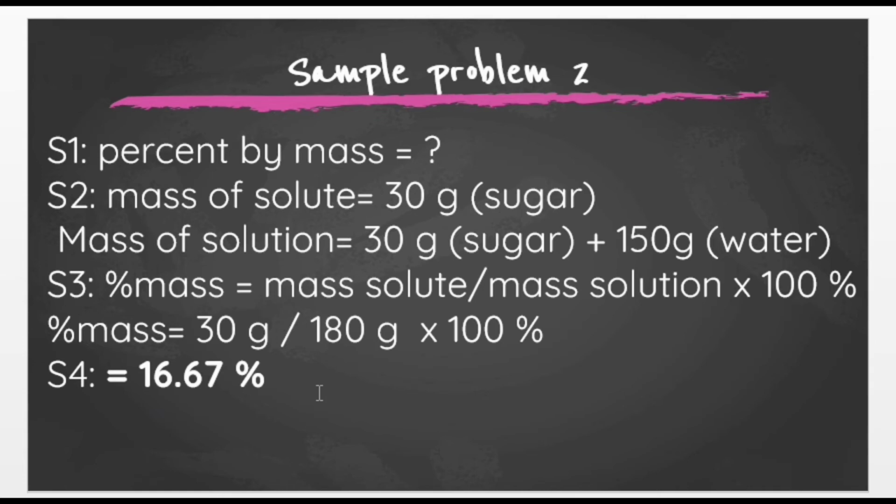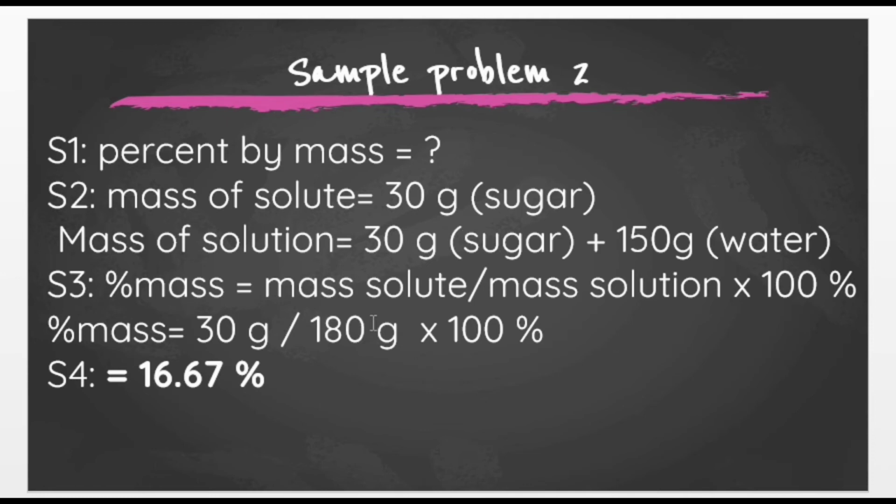Again, the formula is percent by mass is equal to mass solute over mass solution times 100%. So substitute 30 grams over 150 grams. So, asa man kagikan o 180 grams. 180 grams is from 150 grams of water plus 30 grams of sugar.